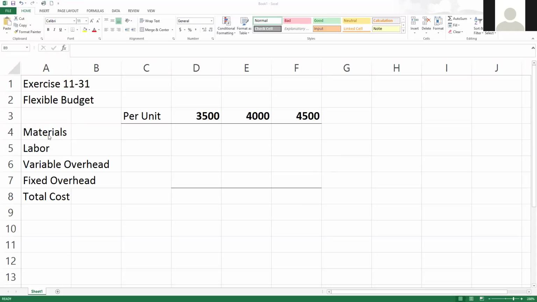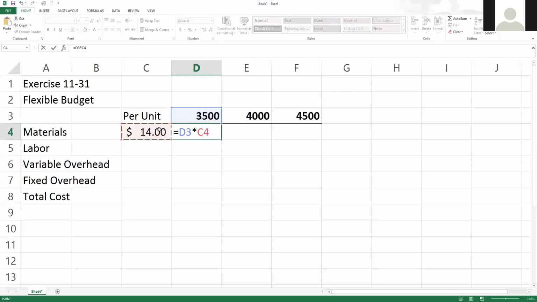They tell us that raw materials for the products involve 2 leather strips that are $7 a piece. So it will be $14 for every one of our products for raw materials. Well, that makes it pretty easy. You make 3,500 products, it's going to be $14 a piece.